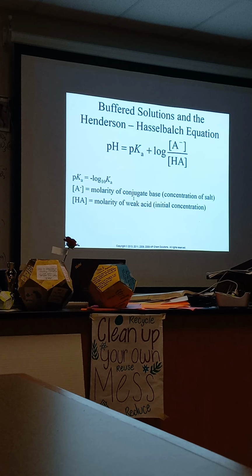And that salt happens to contain the conjugate of the weak acid or weak base, then you know, oh dear, better pull out the H&H formula and get a quick W on this question and move on.